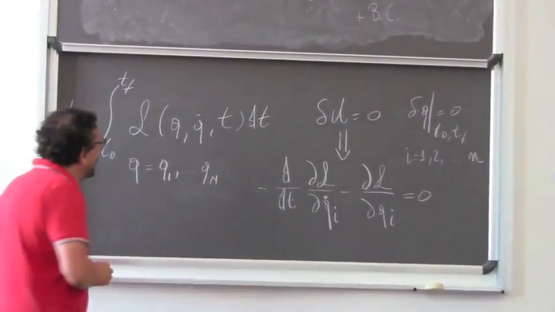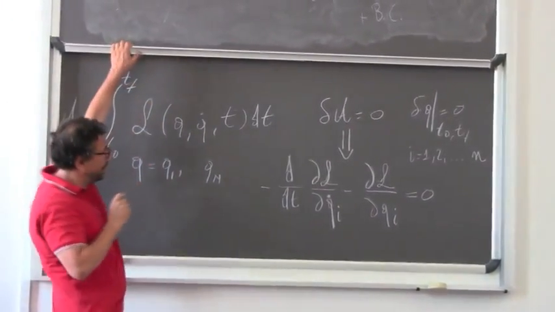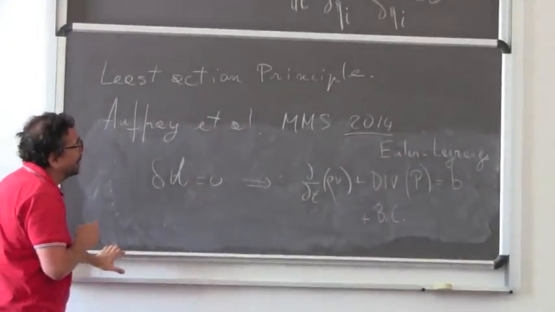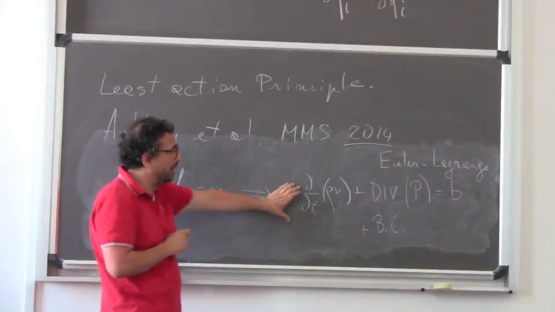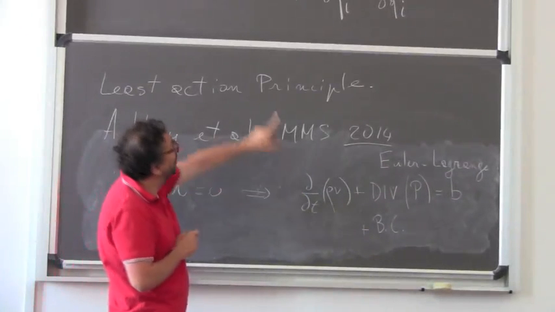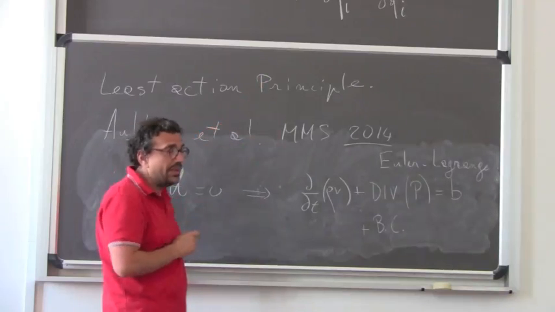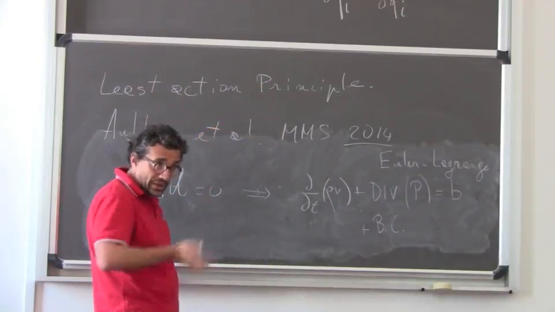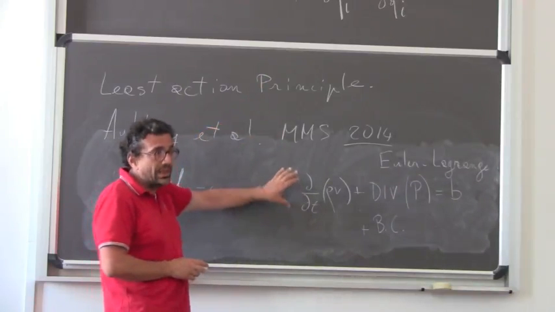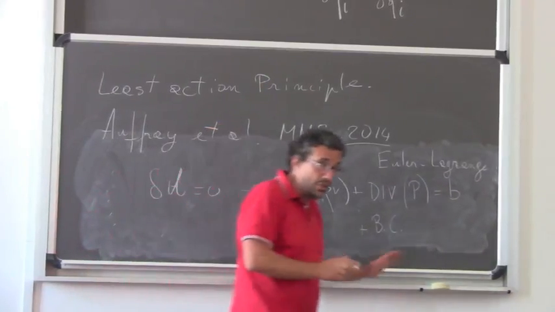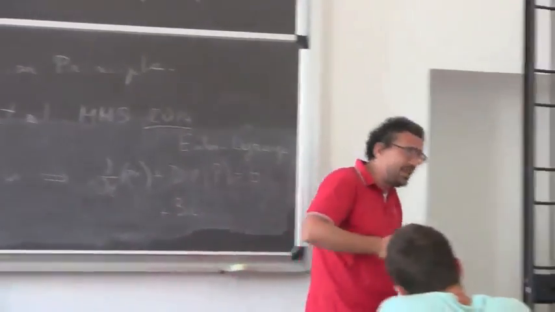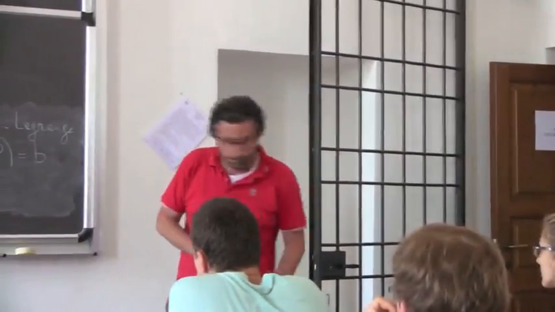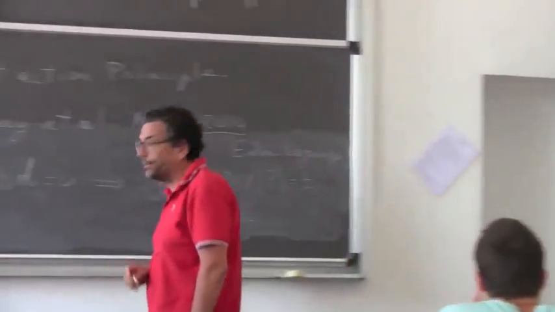Now, this is the equation for a continuous body. That one is the equation for a finite dimensional model. This one is a model, infinite dimensional. So I'm repeating for you something which we already discussed.